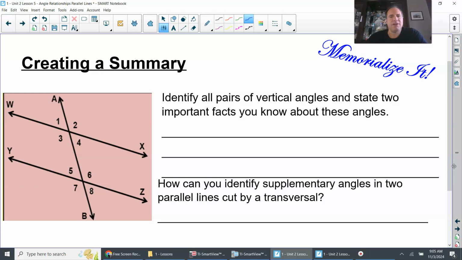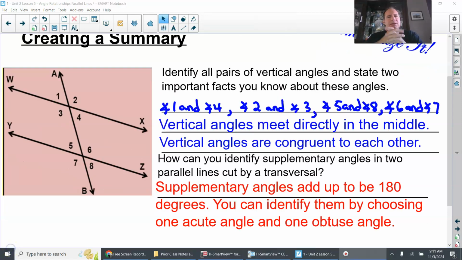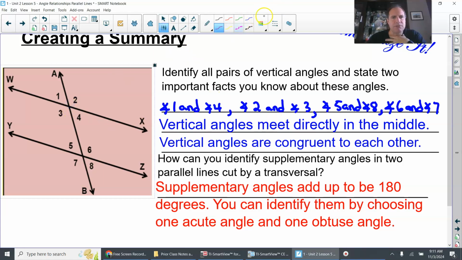And basically angles 1 and 4, they meet directly in the middle. 2 and 3 meet directly in the middle, right here. 6 and 7, 5 and 8. And that is basically it. Vertical angles meet directly in the middle. Vertical angles are congruent to each other. So those are important facts that you have to remember about vertical angles.